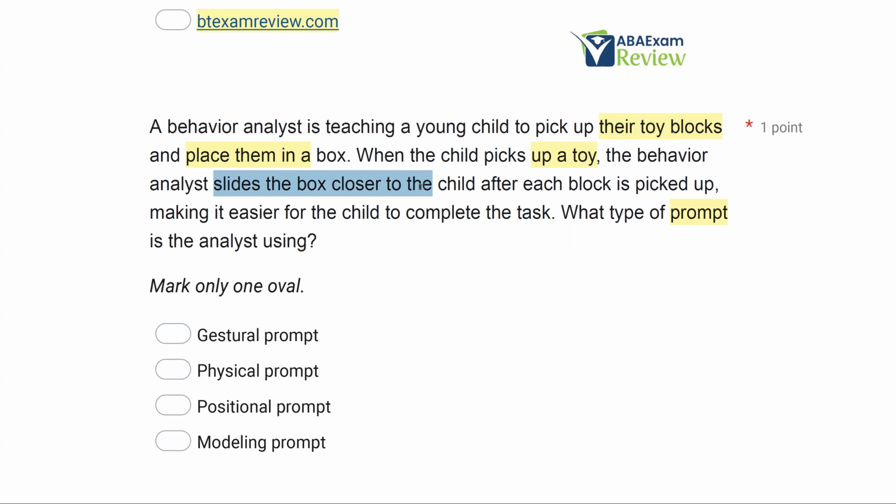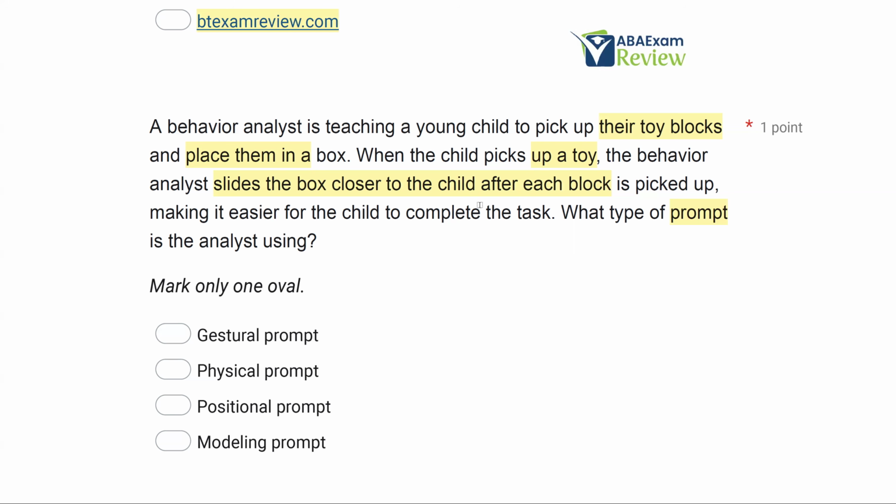Well, they slide the box closer to the child after each block is picked up. What is the analyst manipulating? Well, they're manipulating the stimulus in a way to evoke the behavior they want to see. They're not necessarily acting directly on the response of picking up the toys and putting them in the box, but they are manipulating a stimulus in the environment.